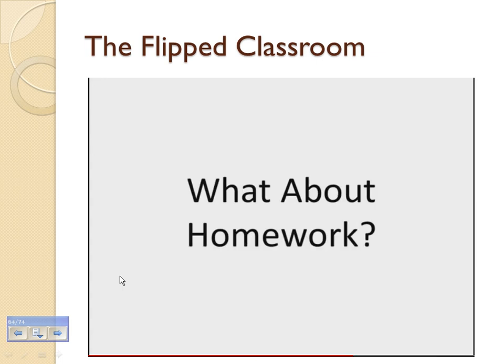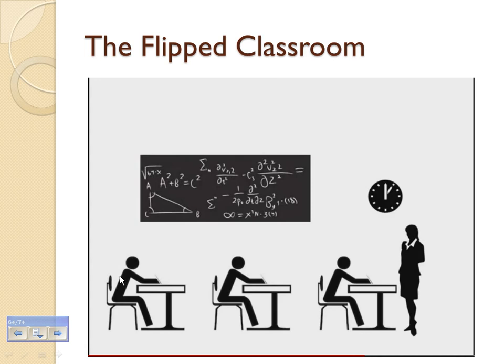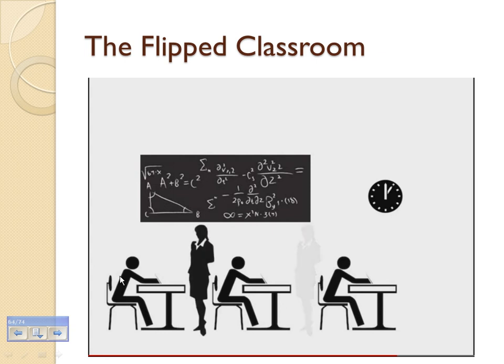But what about homework problems? That's the other half of the flipped classroom. At the beginning of class, the teacher will review the notes that students took at home, making sure to answer any questions that they have. Then the students will work on practice problems that they used to do at home. They can work individually or in groups, getting help from the teacher whenever needed.